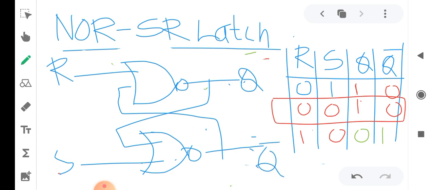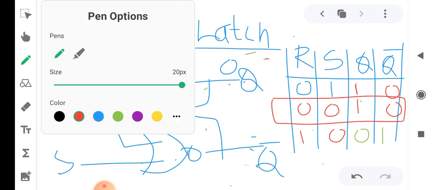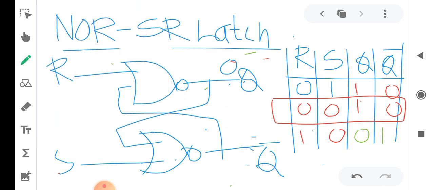So what happens here? Q is 0, Q complement is 1, and I have changed this. Already it is 1 0. For 1 0 it is yielding as 0 and 1. Then I have changed this 1 to 0.